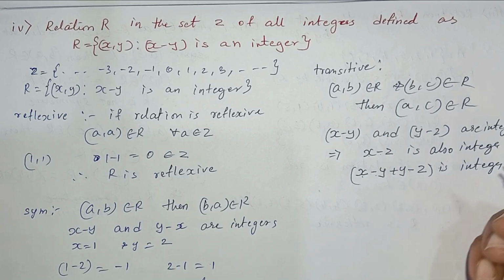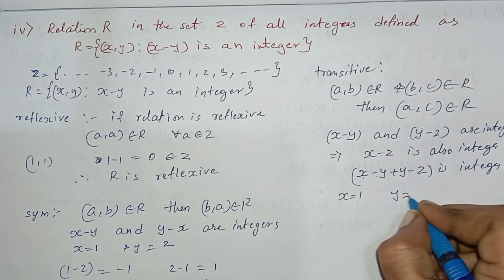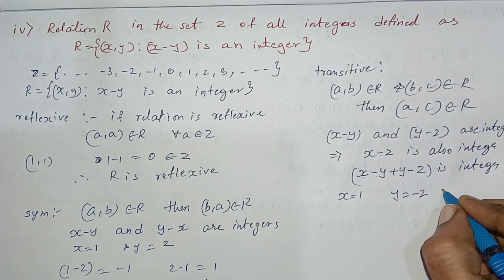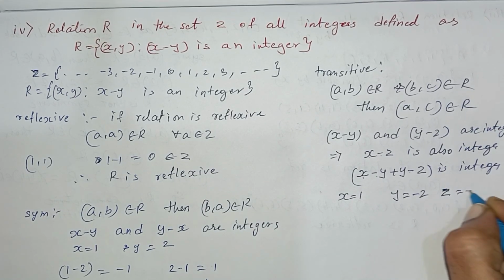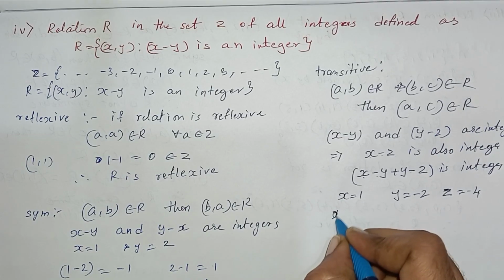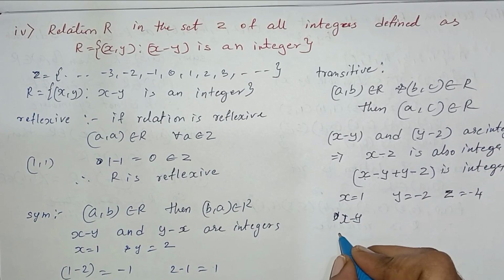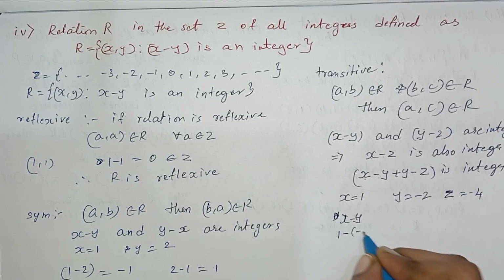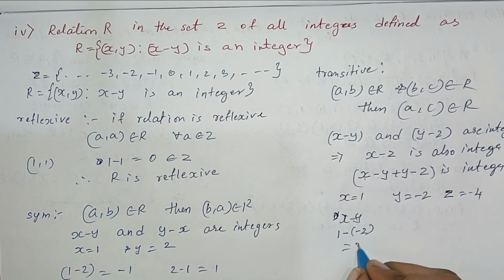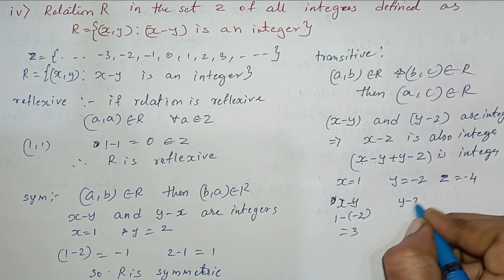If we take any simple example, like x is 1, y is minus 2 and z is minus 4. So x minus y is 1 minus of minus 2. So we get 3, it is an integer. The same thing for y minus z.